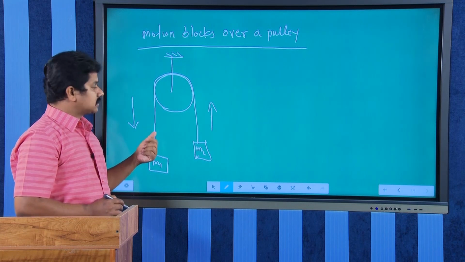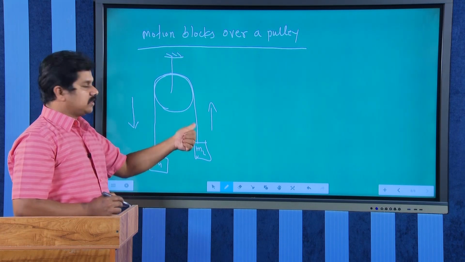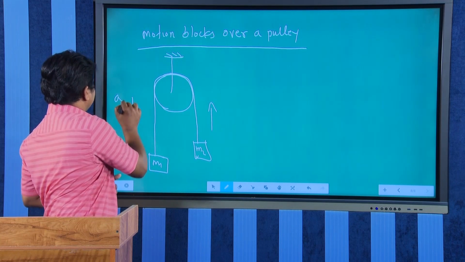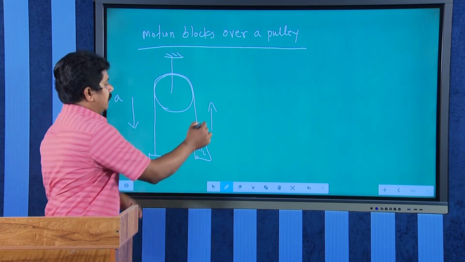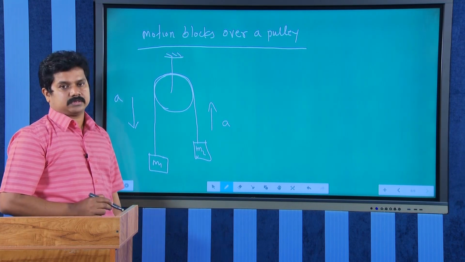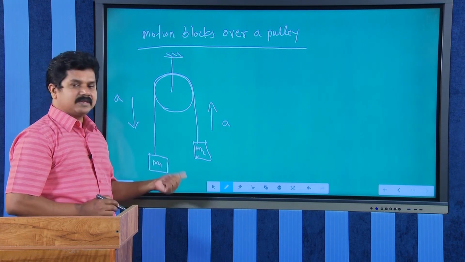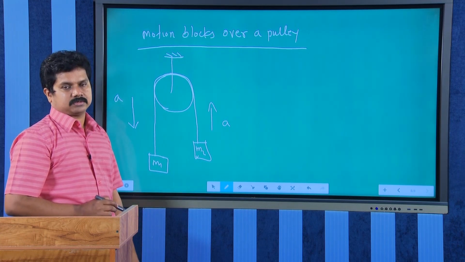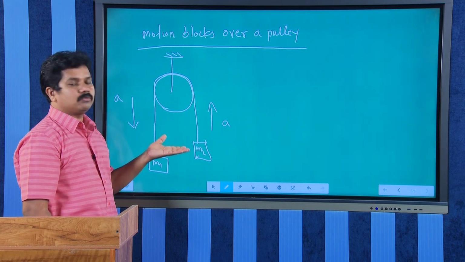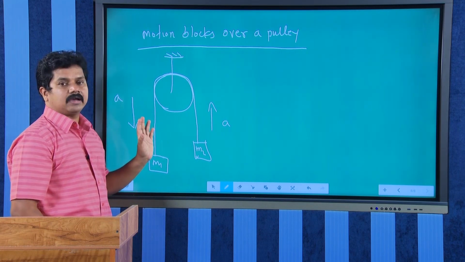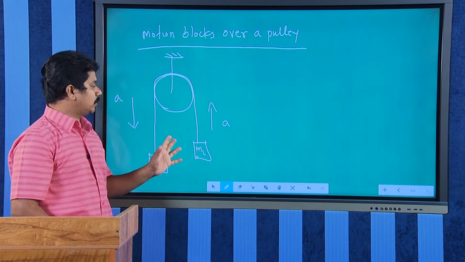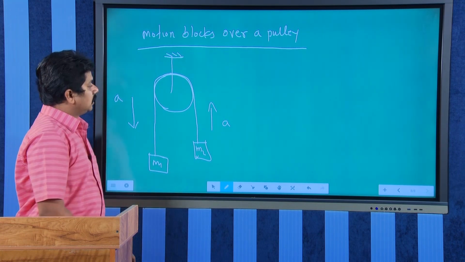In this case, the acceleration of these two will be the same. Acceleration of the first one will be A downward and the second, M2, will be A upward. The magnitude will be the same, the direction will be opposite.